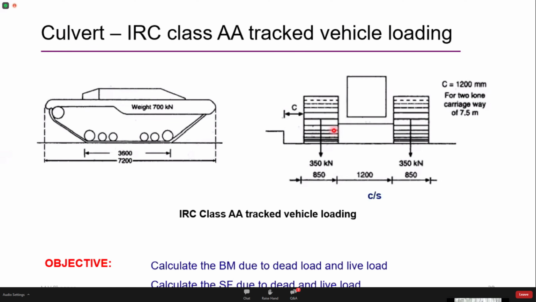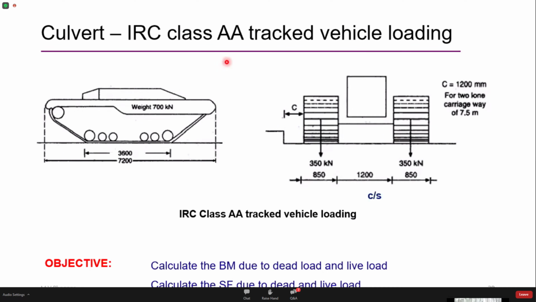The width of the track or the width of the wheel is 850 mm each, and the distance between the wheels is 1.2 meters. C is the clearance that is required for the movement of this vehicle. IRC 6 has given clear guidelines on the minimum distance that the vehicle should be placed from the edge of the curb or from the edge of the footpath.